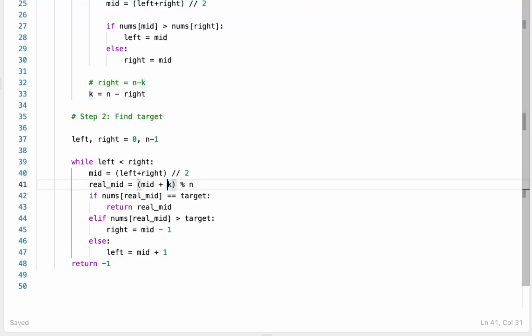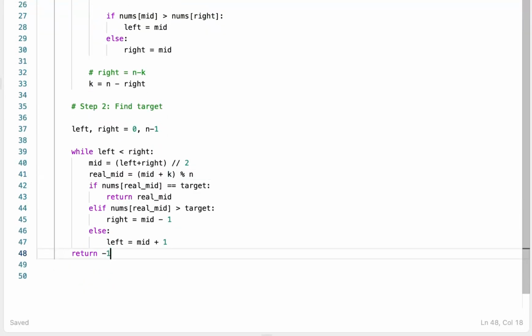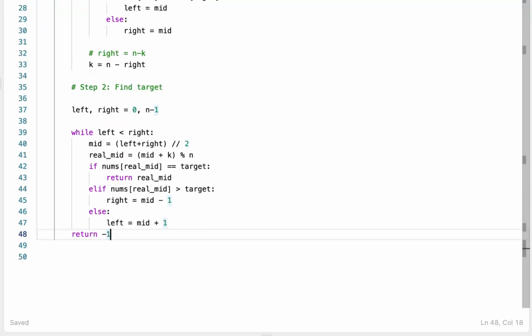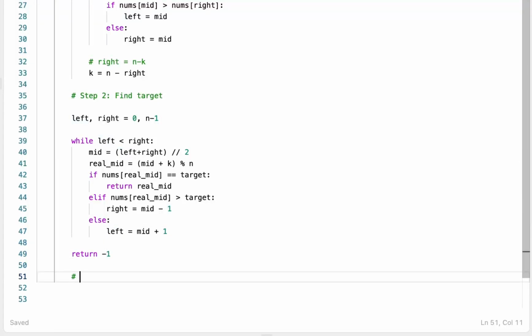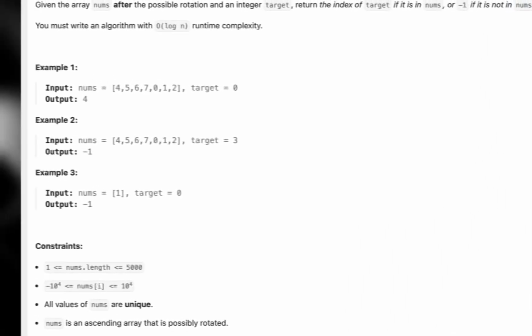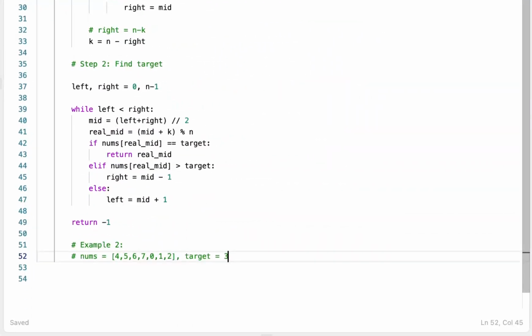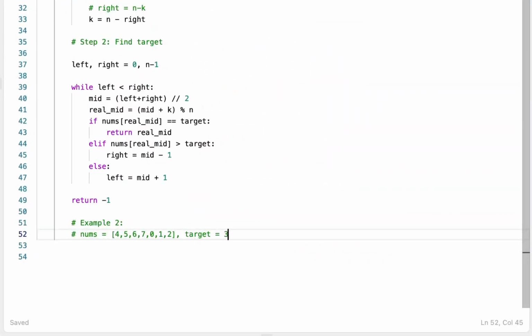So here we go. Let me just try this example by running this code with example 2. Let's copy this and paste it here. There we go.